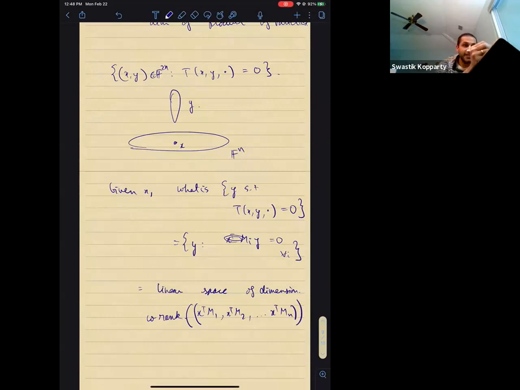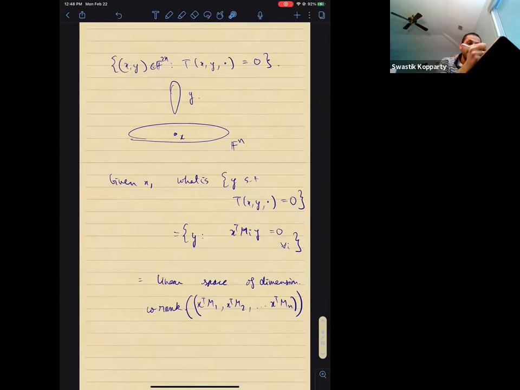You took all these matrices M1 up to Mn, we multiplied them all by x, we got a whole bunch of column vectors. We took the co-rank of that, and that's the dimension of the space of y's that satisfy this.